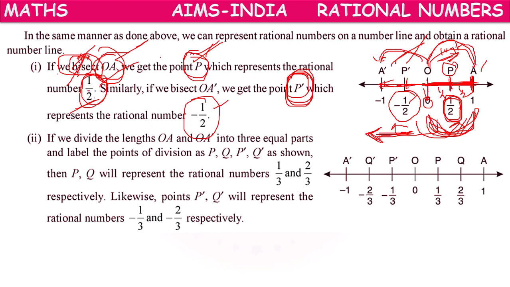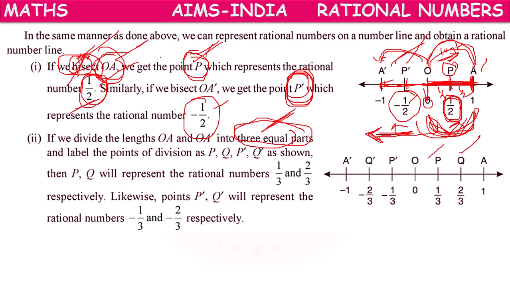So why are we getting 1 by 2 and minus 1 by 2? Because we are bisecting it. We are dividing 1 unit into 2 equal parts. Instead of 2 equal parts, if we trisect it, means if we divide into 3 equal parts, for dividing into 3 equal parts, we have to take the help of 2 points.